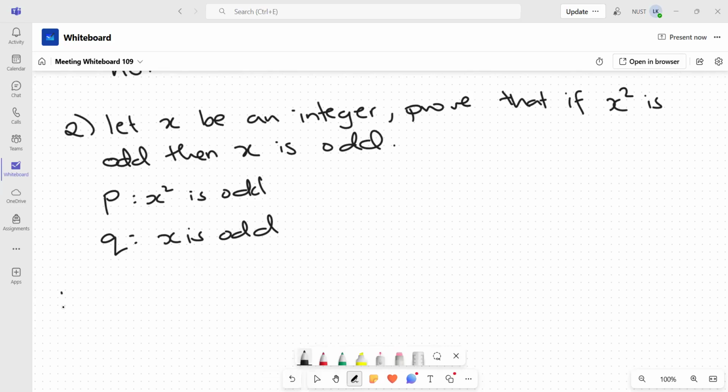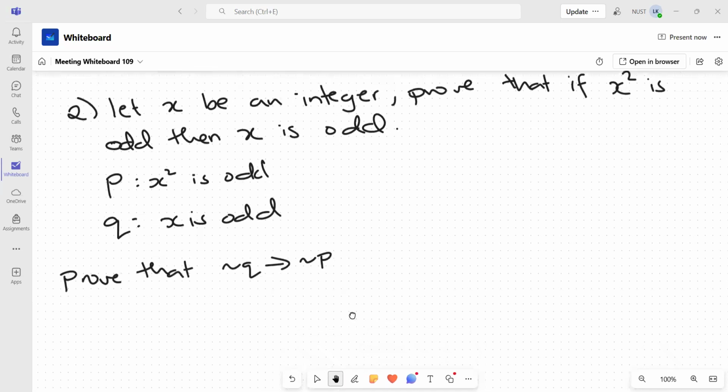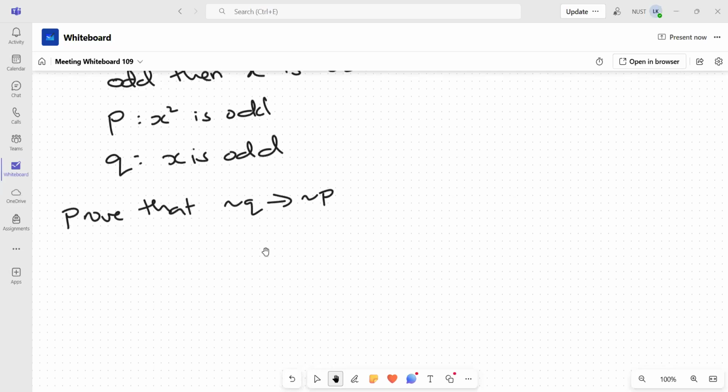So this is where contrapositives come into play, because sometimes they are much easier to prove than the statements themselves. Okay, so not Q implies not P. This means that we are showing that if the integer is not odd, that means it's even, then x squared will also be even.